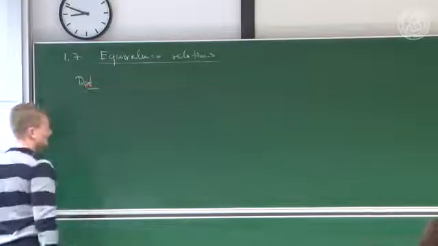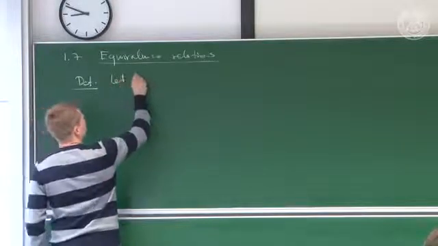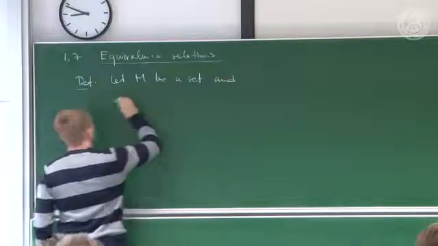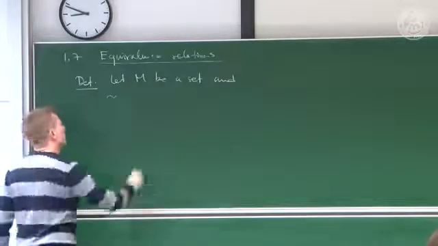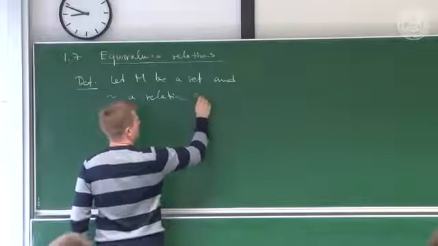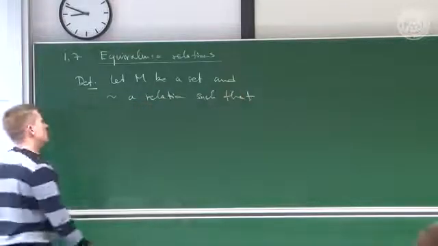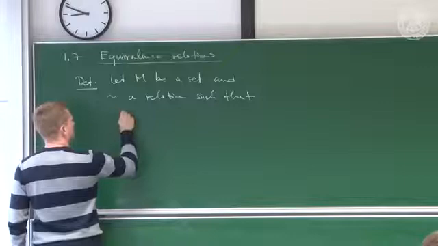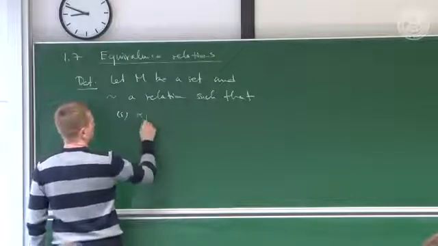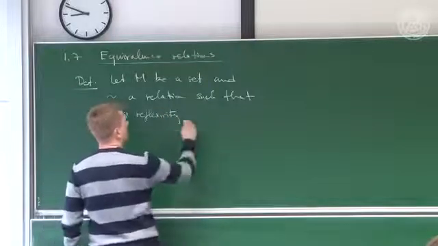Definition. Let M be a set and ~ (twiddle) a relation such that there are three axioms to be satisfied. The first one we call reflexivity, such that reflexivity holds.